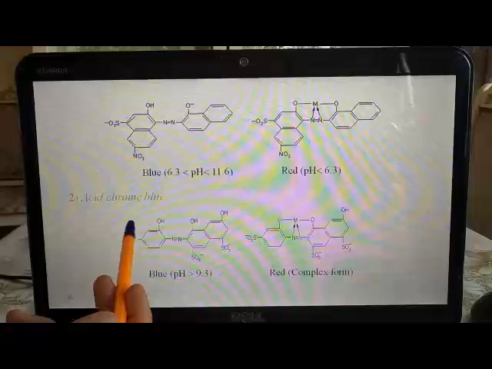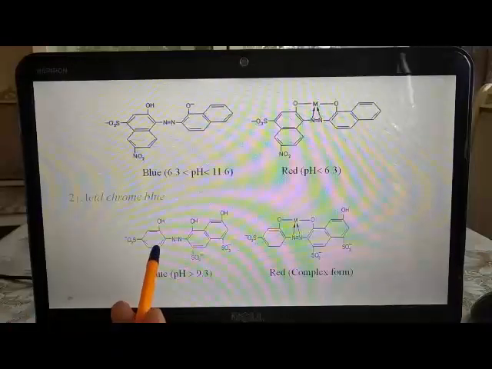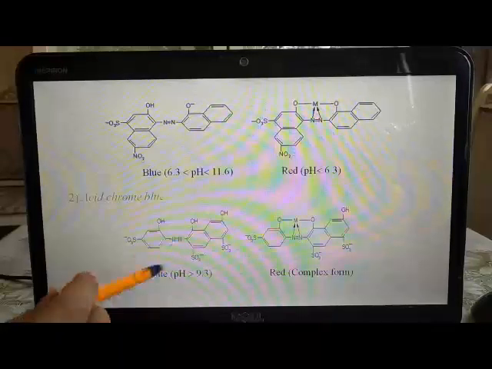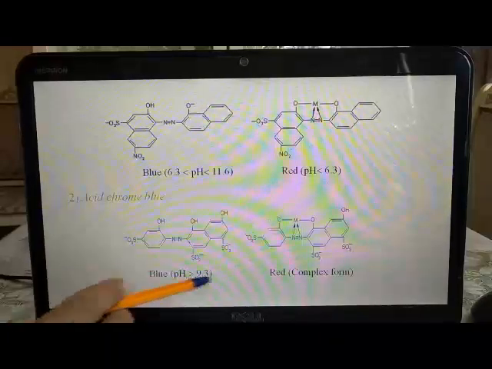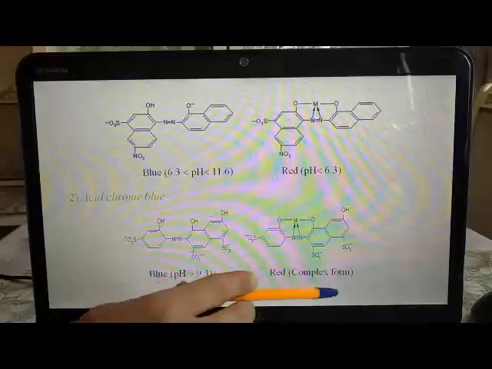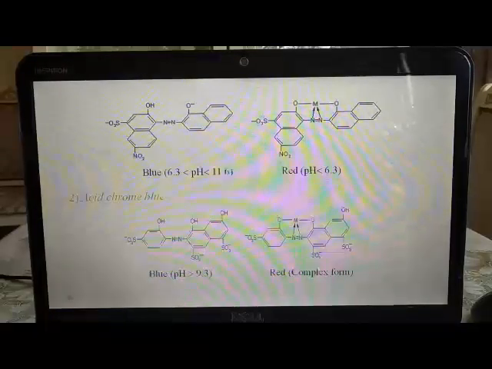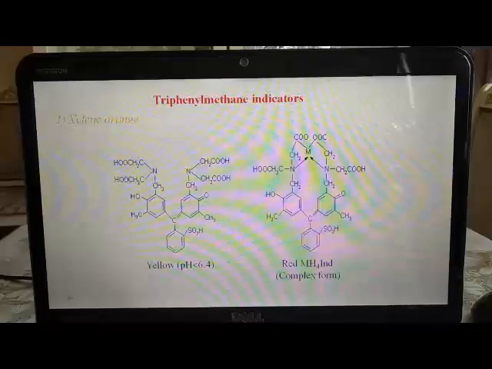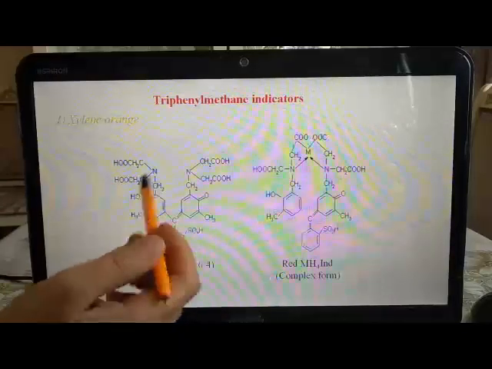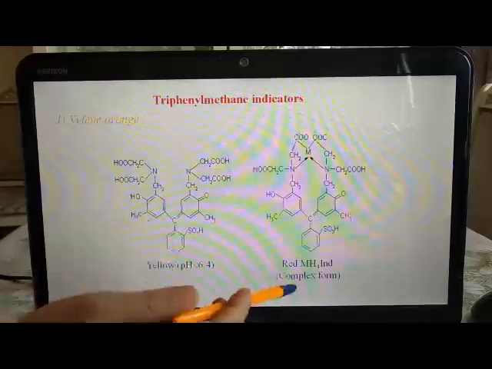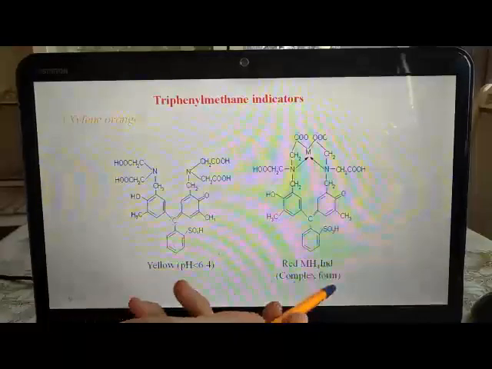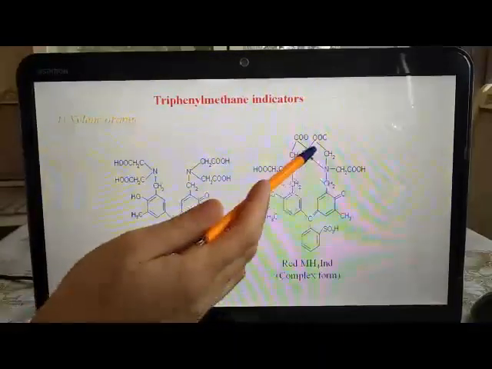Next, acid chrome blue. It is a complexometric indicator. Before the reaction it is blue, after the reaction it is red, in complex form with the metal ion.